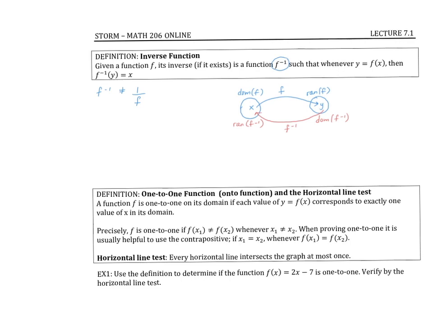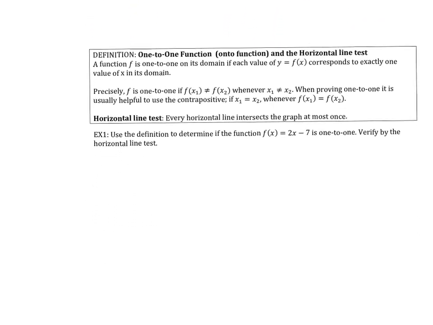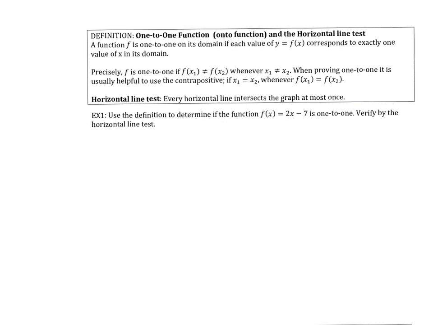So not all functions have an inverse. A function does have an inverse if it's what we call one-to-one. Okay, so if we look at this definition here, it says that a one-to-one function, or sometimes this is called an onto function, passes the horizontal line test.